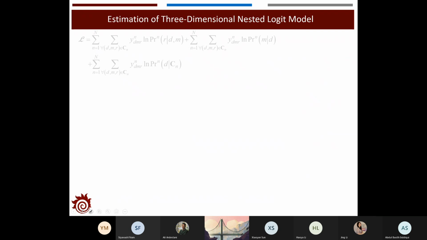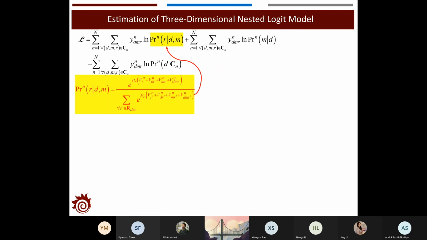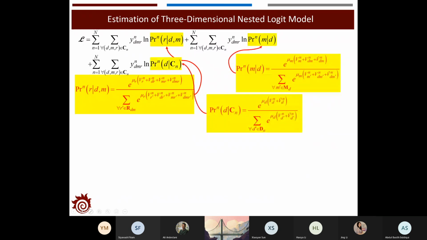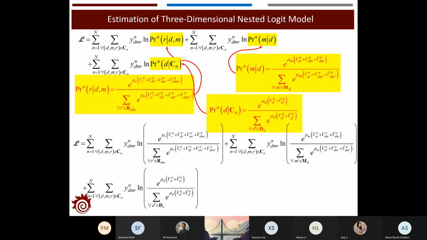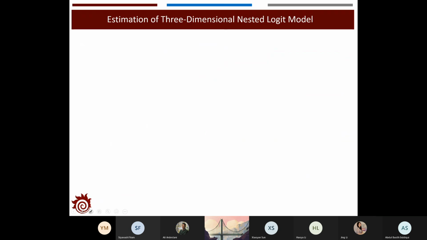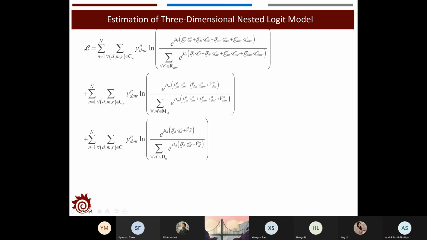calibration. First of all, we need to replace the conditional and joint probabilities with their full formulas and put them in the log likelihood function. For the calibration process, we start with term 1, and then go to term 2 and term 3.